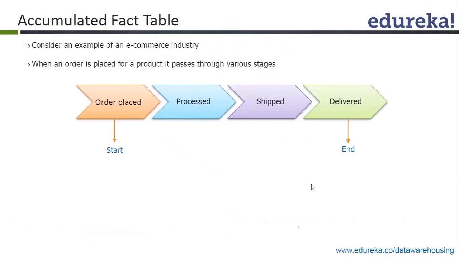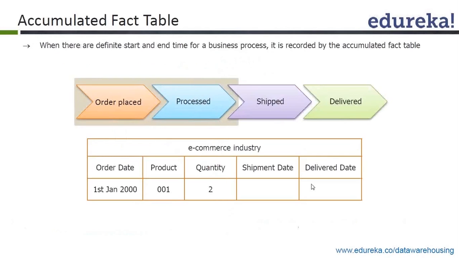Accumulated is the example we discussed: order placed, then the date. As soon as the order is placed, there will be a record entered into the fact table which will show 1st of Jan, product number, then the quantity of product sold. But the shipment date and delivery date will be empty.